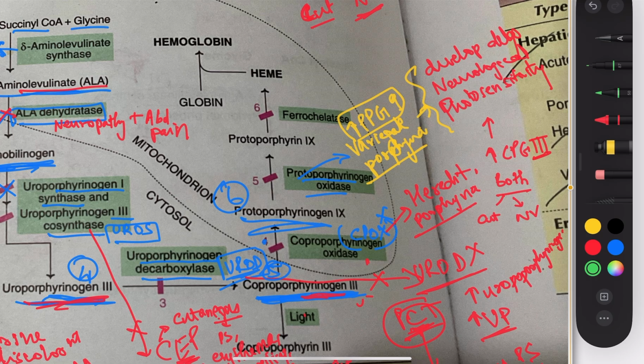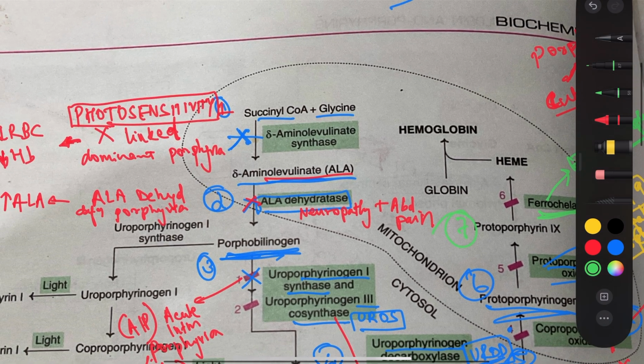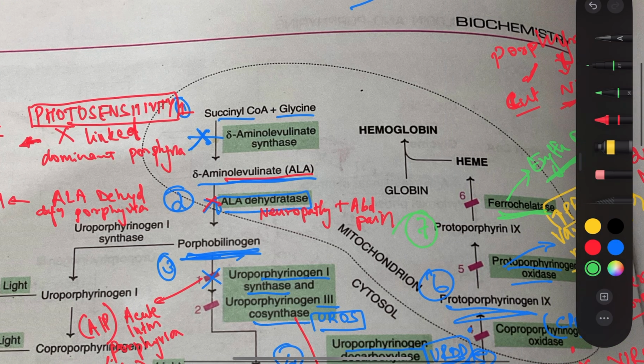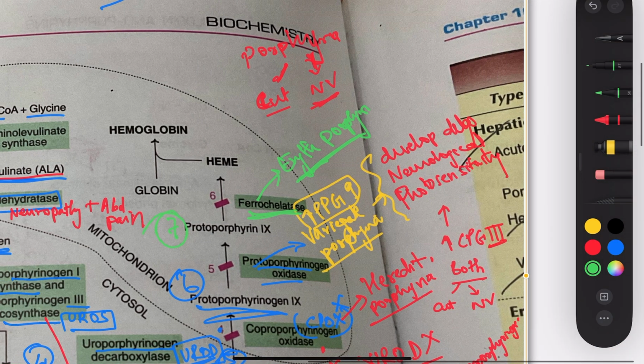ferrochelatase deficiency. That is your step 7, and your 7th disease, where ferrochelatase deficiency is going to be nothing but erythropoietic protoporphyria. The last disease is coming back to the mitochondria now, and here it's only going to be cutaneous.